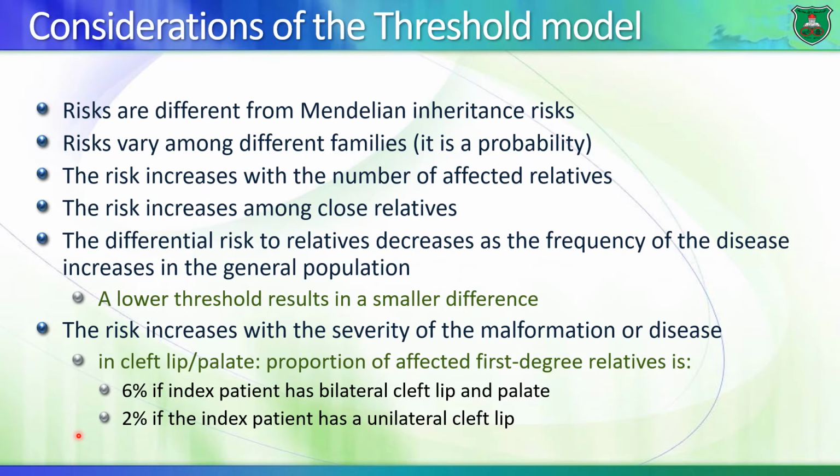Again, if someone in a family has a bilateral cleft lip, so it's more severe, there is a 6% chance that another member of the family would develop the same condition. But if someone has a unilateral cleft lip, which is milder than bilateral, the risk decreases to 2%.